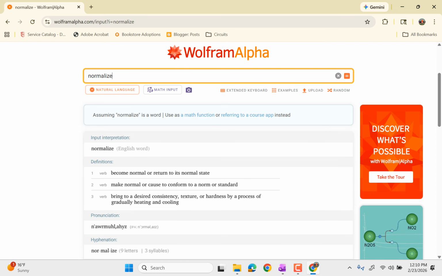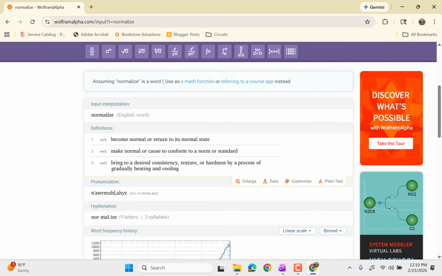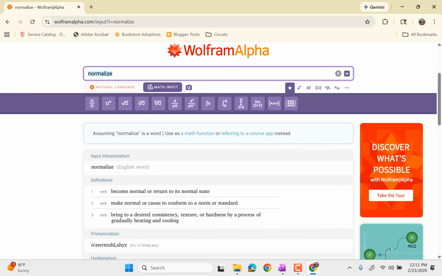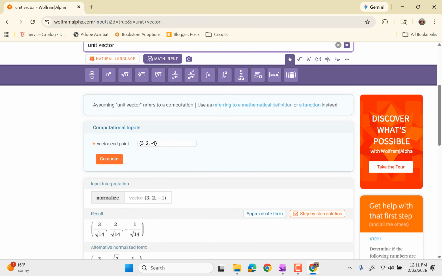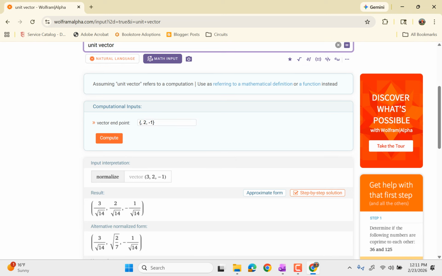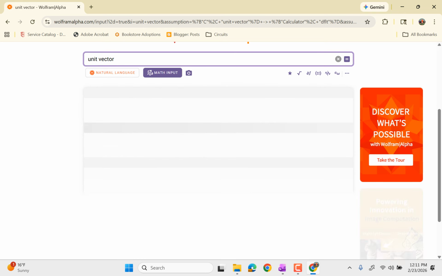If you hit math input, you can get the 3x3 matrix. You just type in matrix into that. So if you put in 6, 2, -1, I don't know why I had to change that first one.